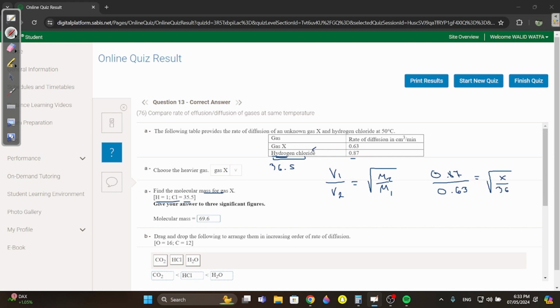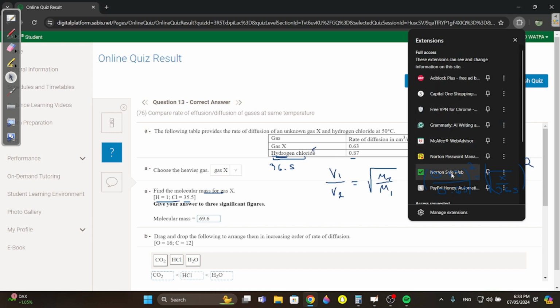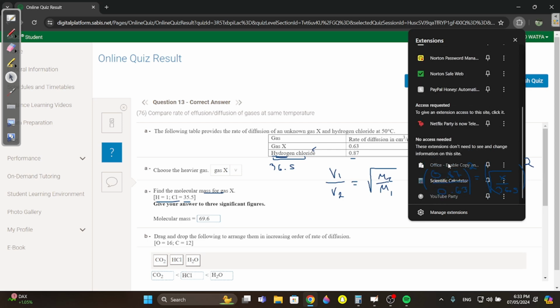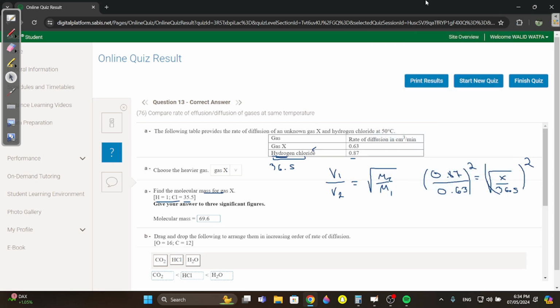Okay, 36.5. How would you solve this? You have to square both sides. I think I have a calculator over here. Scientific calculator. Okay, so 0.87 over... I don't have a calculator beside me.